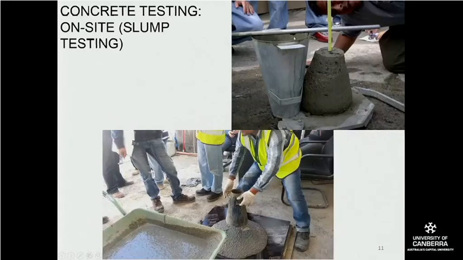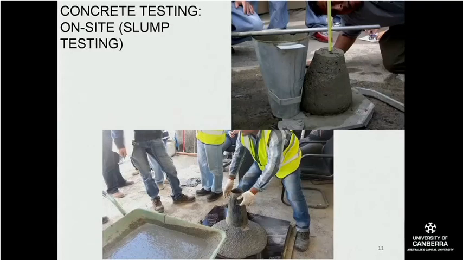And basically, you measure from the top of the cone down to the lump, as this gentleman is doing, and that is known as the slump of the concrete. So for specific strengths of concrete, it needs to slump no more than a certain amount and no less than a certain amount once it gets to the site, right? Which is why they do this on site.